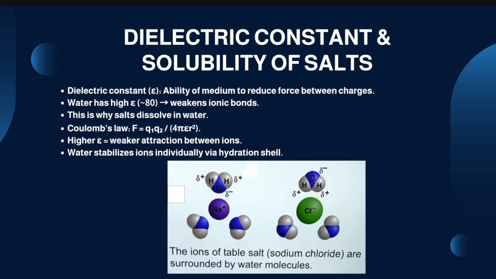Now as I have told you, Coulomb's law is important for finding the energy, how much energy is consumed for the formation of these ionic bonds. It's nothing, it's just an equation for the proportionality. I have just told you about the electrostatic force of attraction, because oppositely charged ions are coming together, so that means they have attraction.